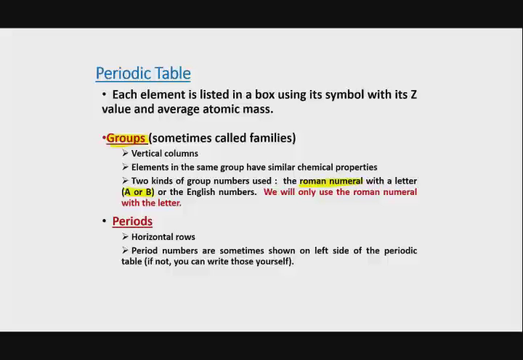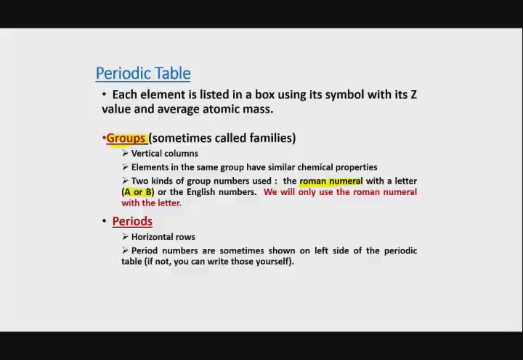So you can go ahead and do it if your periodic table doesn't have it. Row number 1, period number 1, is the one that has hydrogen and helium in it. Row number 2 or period number 2 has lithium, beryllium, and then skips over to boron, carbon, nitrogen, oxygen, fluorine, neon, and so on and so forth.